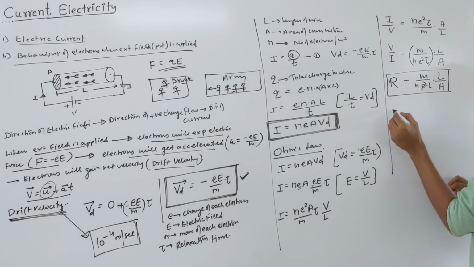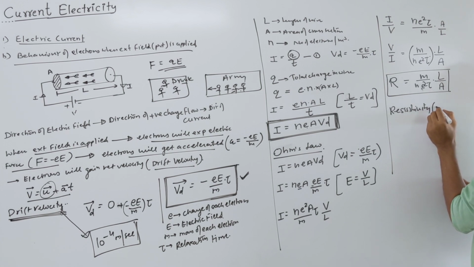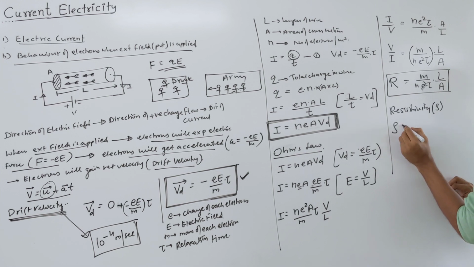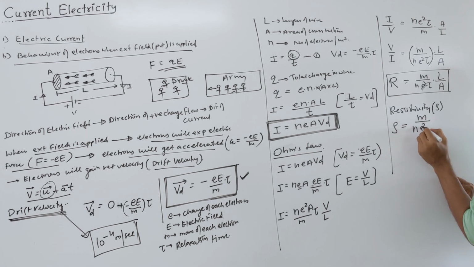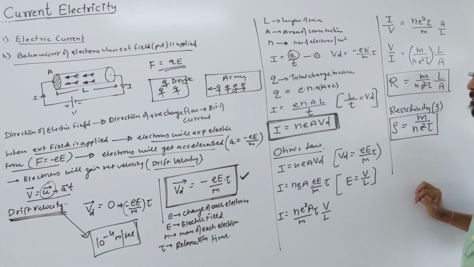So this is called what? Resistivity. We write the symbol rho for this. So rho is nothing but, watch carefully, m over n e squared tau. This is called resistivity, which is constant. Correct? Yes.